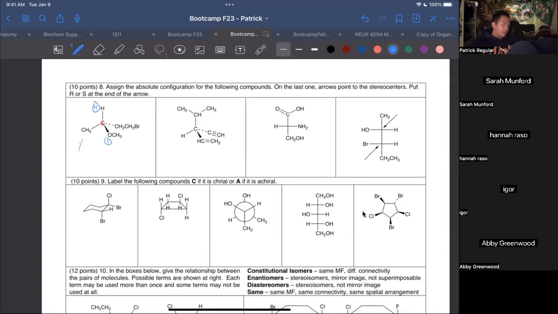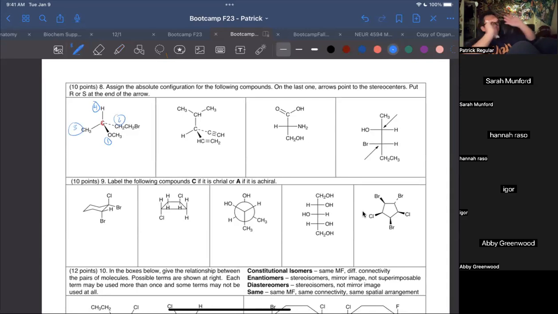Now we have to look at this one and this one. Which one takes priority? Well, let's look at the connectivity. H, H, H, C, H, H. I have a video on this specifically. Take a look at it if you don't get this. But obviously CHH takes priority. This would be 2. This would be 3.